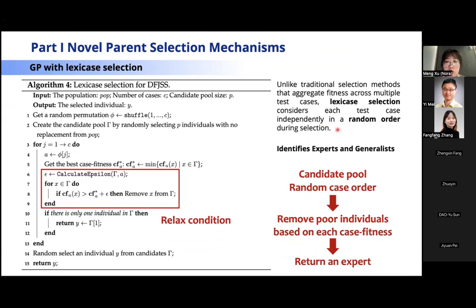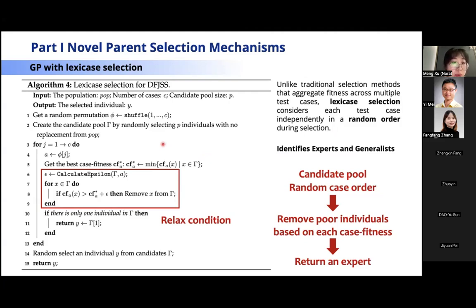The motivation of using this method is that some individuals may be very strong in a subset of test cases, while weak in others, but traditional methods might remove these individuals and ignore their ability. But lexicase selection will retain them if they are the best in a certain case, and finally might lead to innovation. And algorithm 4 represents the code for lexicase selection.